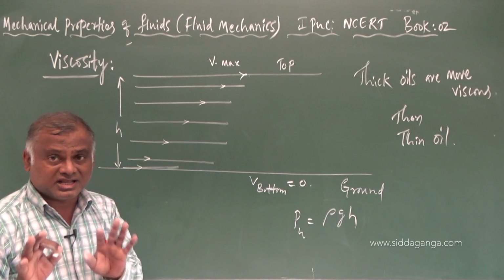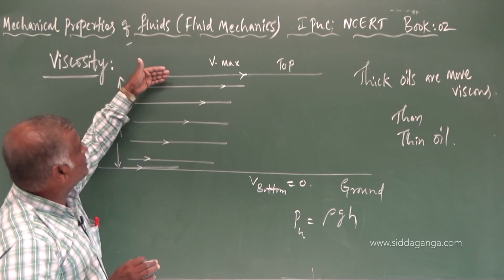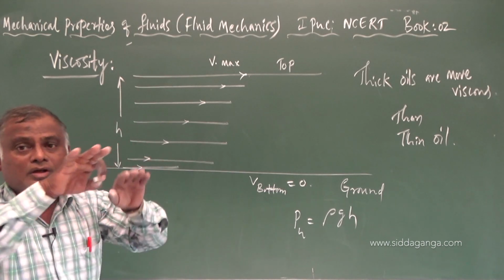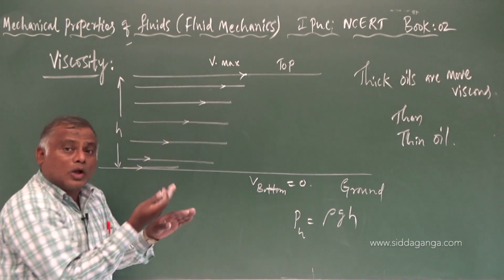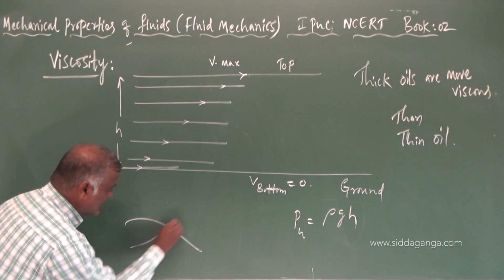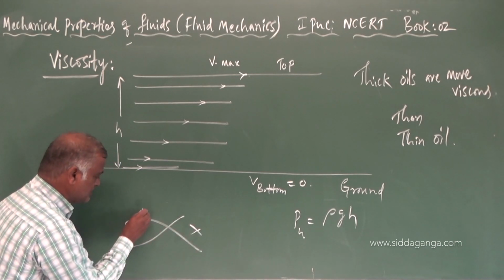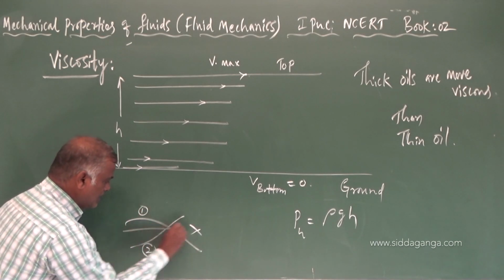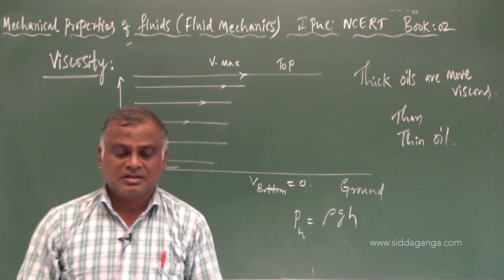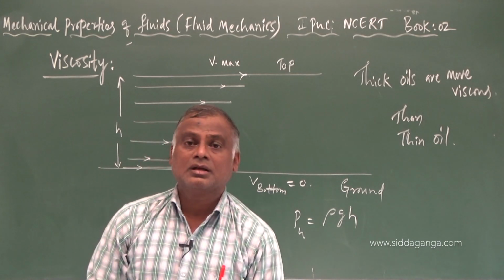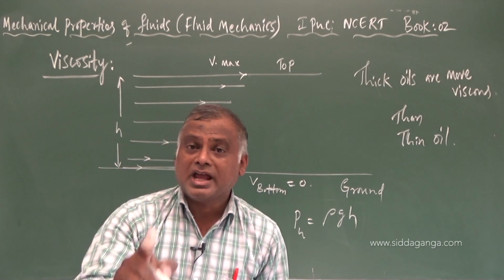To understand, my dear students, we divided the entire fluid into different layers, and one layer does not overlap with the other. Say this is the first layer, second layer, and so on, they never intersect. Such a flow is called streamline flow of fluid.